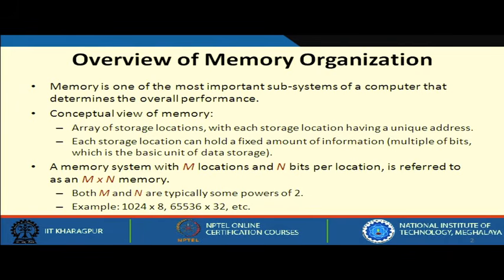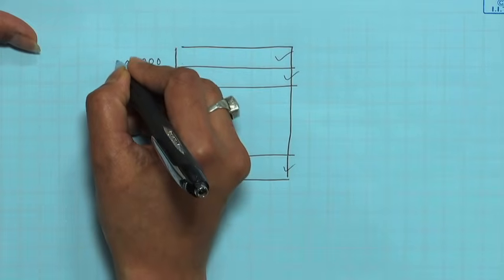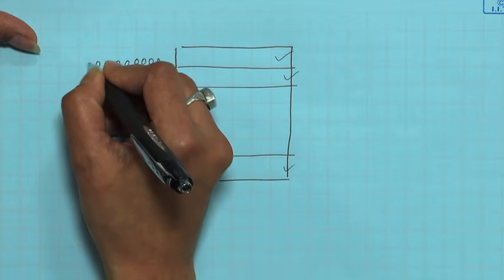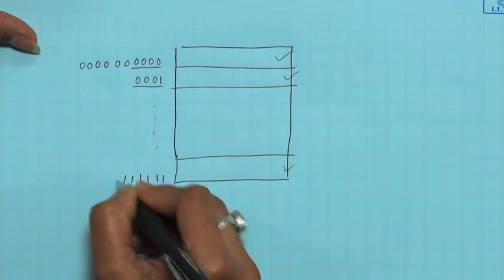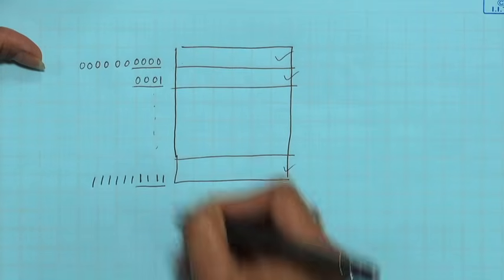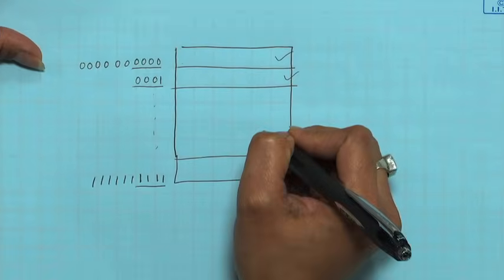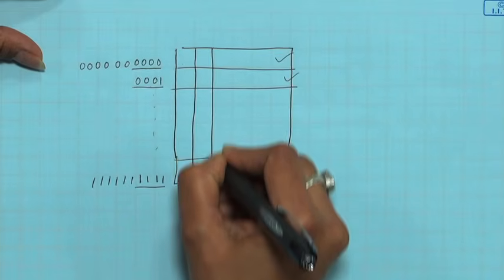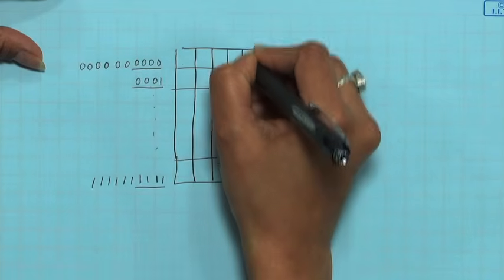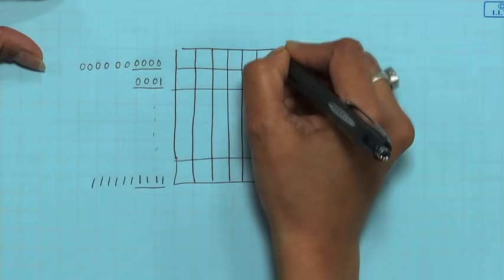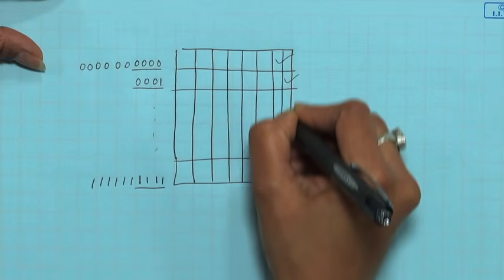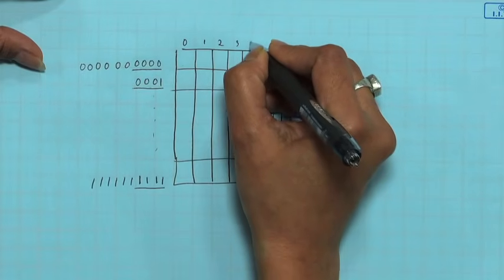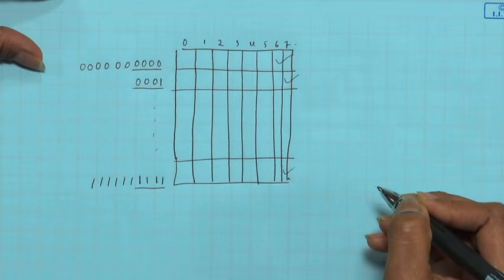If I say 1024 cross 8, 1024 means we have 10 bits in the address, and each of these locations is having 8 bits, numbered 0, 1, 2, 3, 4, 5, 6 and 7.